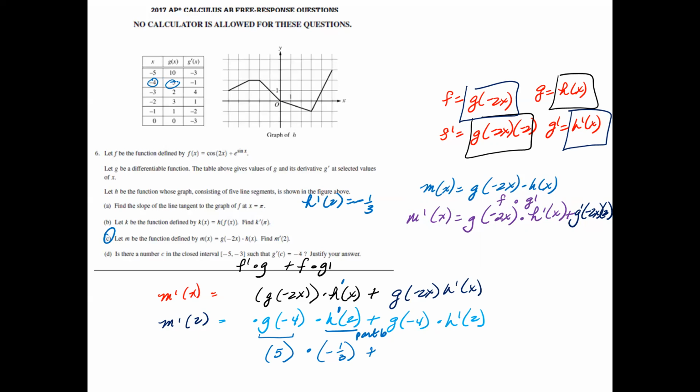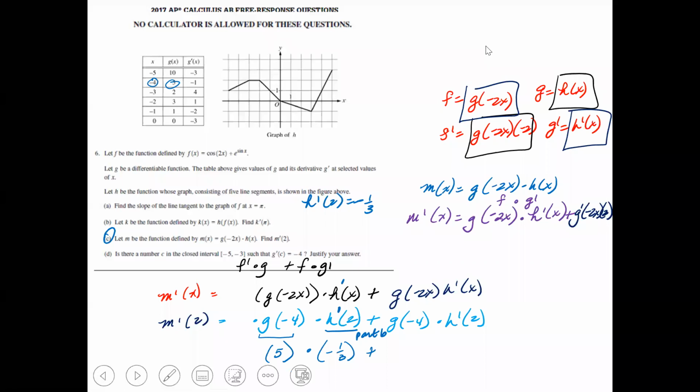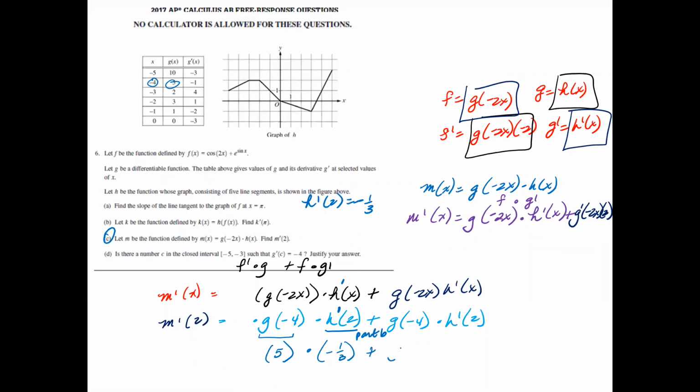G of negative 4 is going to give me a 5. So then for here, it's going to give me a negative 2 over 3 times negative 1 times negative 2. If I multiply this together and then add the differences, I will get a negative 3.